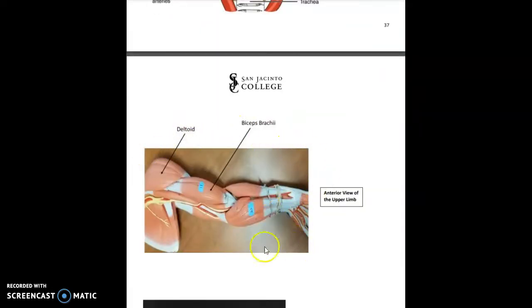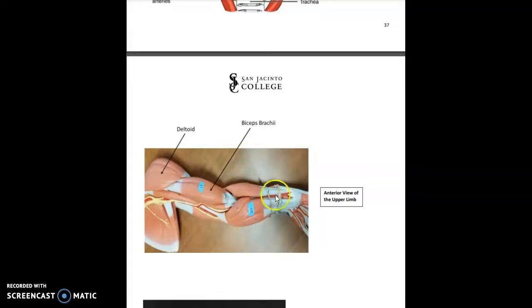Very important, guys. We're going to have muscles. You have to identify if it's the anterior region. Remember, the whole anterior region is full of muscles for flexion. For example, you have the biceps brachii here. Remember, it has two heads, and this is for flexion of your forearm over your arm.